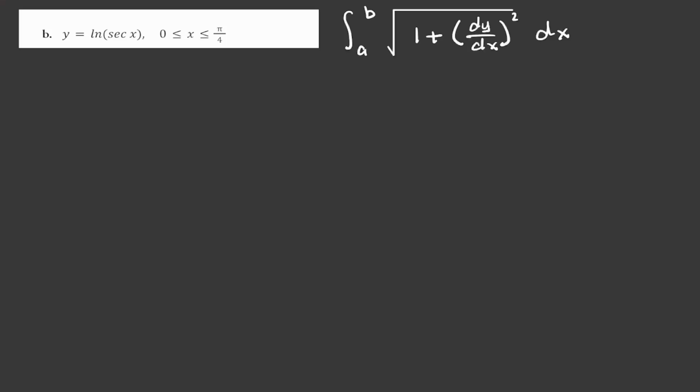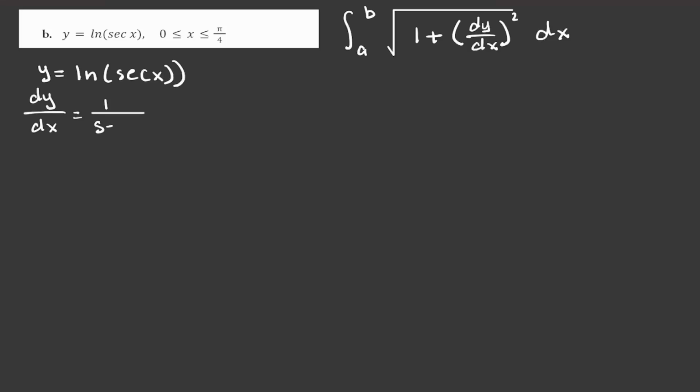So the first thing we're going to do is take the derivative of the function. The derivative is dy over dx equals, and we'll be using the chain rule right here. ln is the outside function, so the derivative of ln is 1 over.